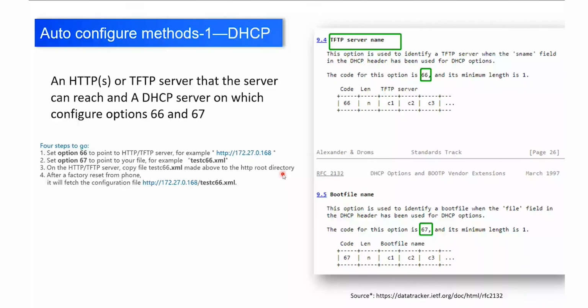Okay, and if you reset the phone, or send it to the manufacturer environment, then the phone automatically fetches this file and installs everything in the phone system. Of course, we also offer a reference here, the RFC. If you want more detail about the options, you can refer to this. Okay, this is the URL.